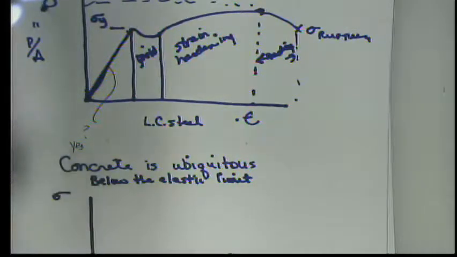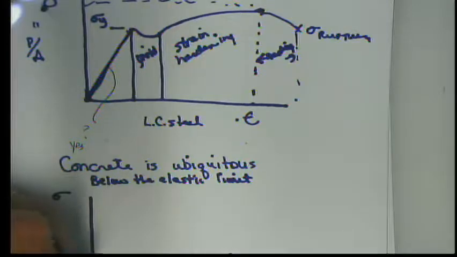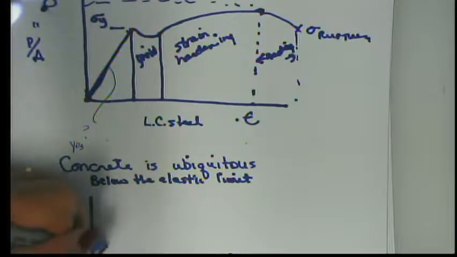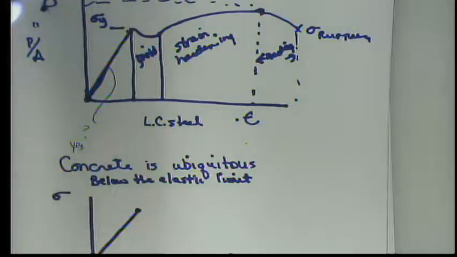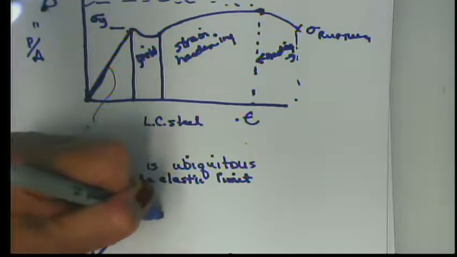We're not talking about Bingham plastics. We're talking about materials that when they have 0 sigma, they have 0 epsilon, and then they begin to move up in a homogeneous fashion until they reach sigma yield.